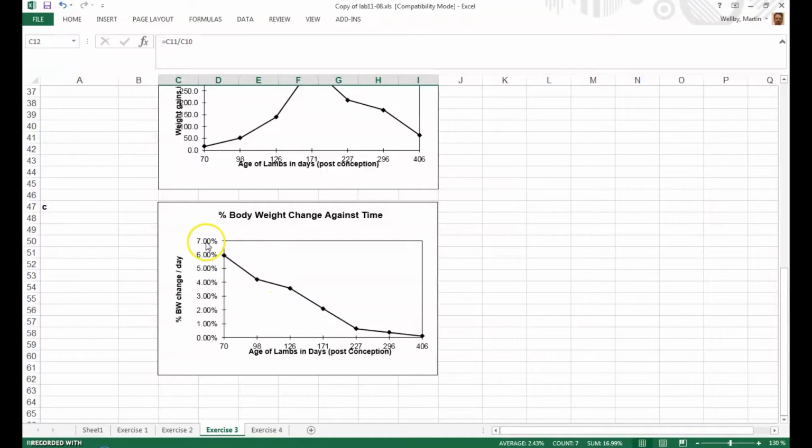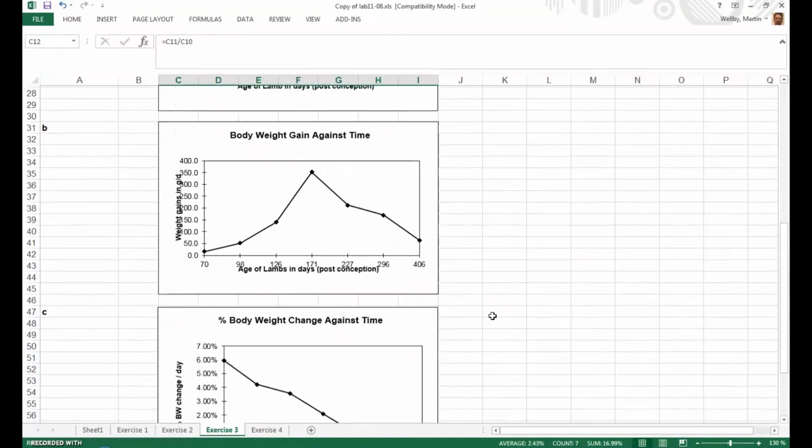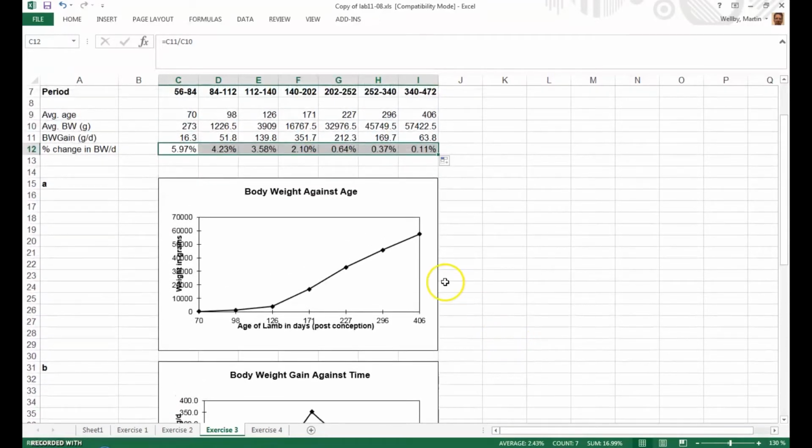So it starts off high, and as the animal gets bigger and bigger, the relative growth rate gets lower and lower.